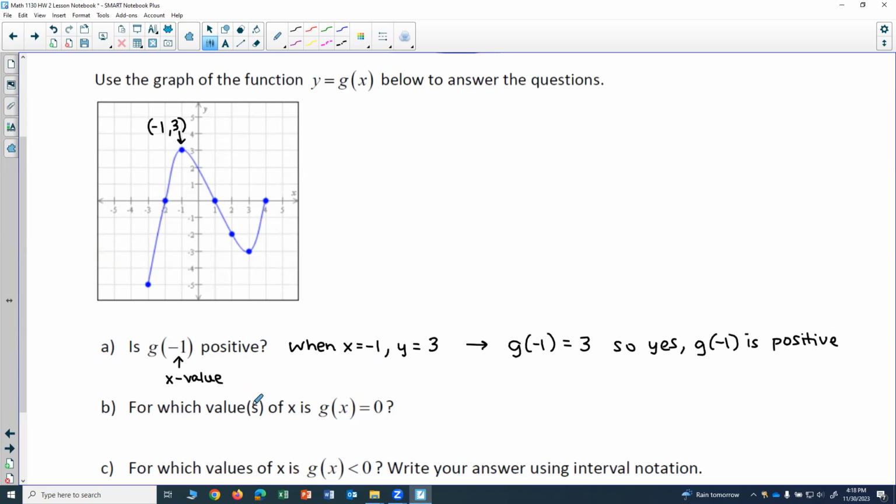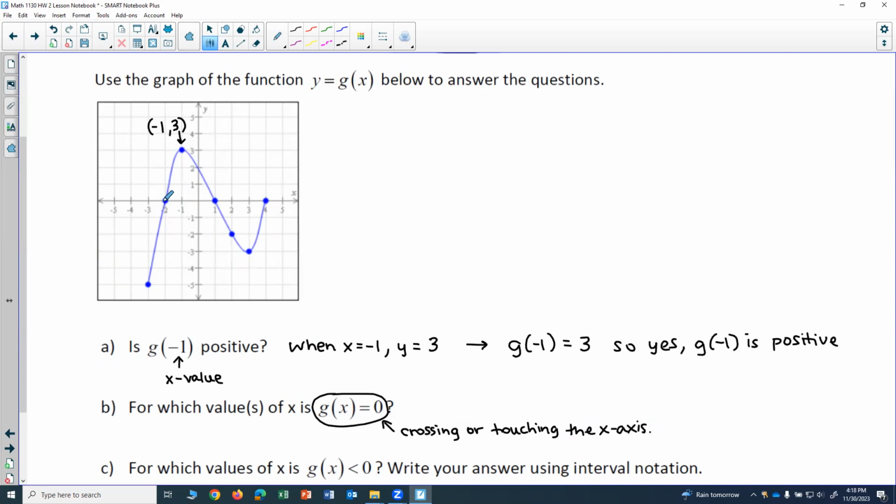Now we're asked for which values of x is g of x equal to 0. So g of x equals 0 means on the x-axis, or the graph is crossing or touching the x-axis. In other words, the x-intercepts.